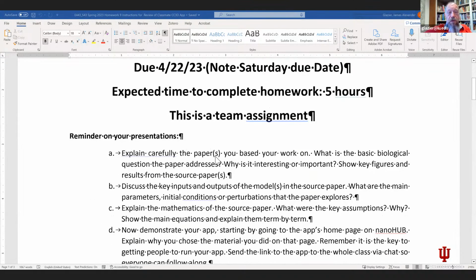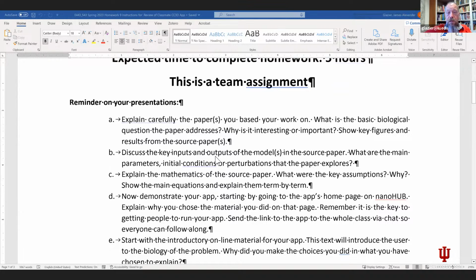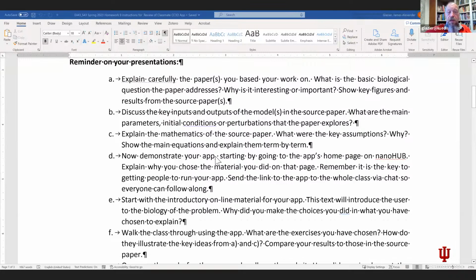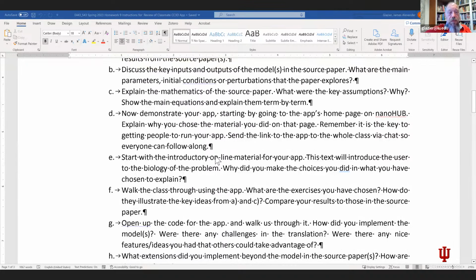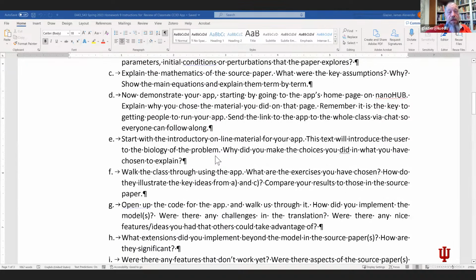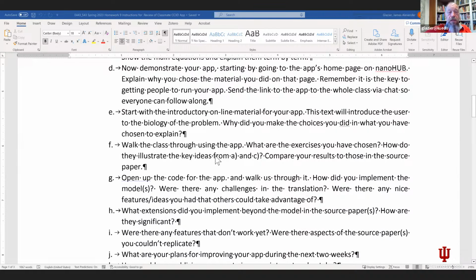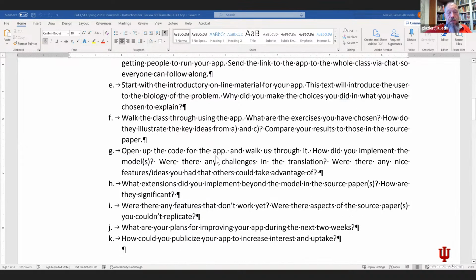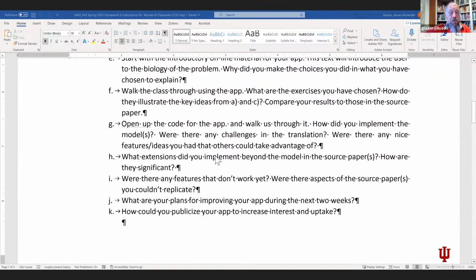And so again, when you're doing a presentation, you want to explain what you're doing, why you're doing it, what the key inputs and outputs of your models are, the mathematics of it, and then demo the application, explain the supporting material online, and walk the class through your application, and then show us the code that you use to make it work. And if you've extended the things that you were presented in the source material or changed them in some way, you want to explain that.